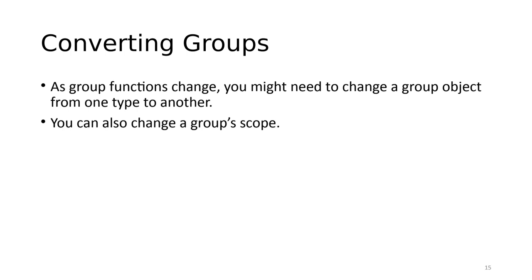How many group types do we have? Two: distribution and security. How many group scopes do we have? Three. What are they? Domain local, universal and global.